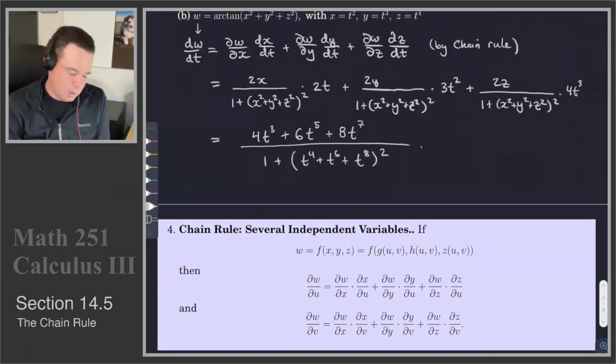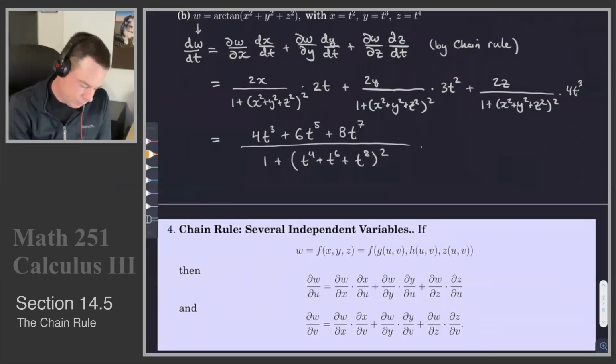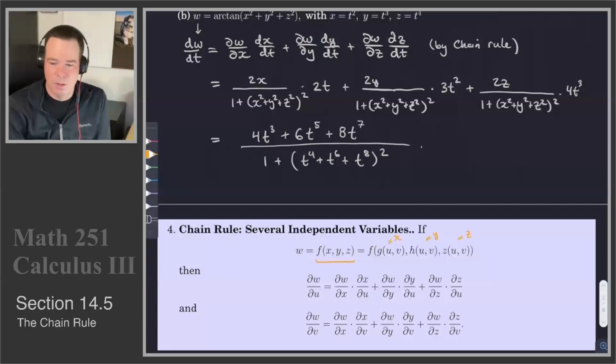So we're thinking w is a function of x, y, and z, but x is a function of u and v, y is a function of u and v, and z is a function of u and v. So w ultimately, in the end, is a function of u and v. So that means we can ask for its partial derivatives. What is the partial derivative of w with respect to u? What's the partial derivative of w with respect to v?